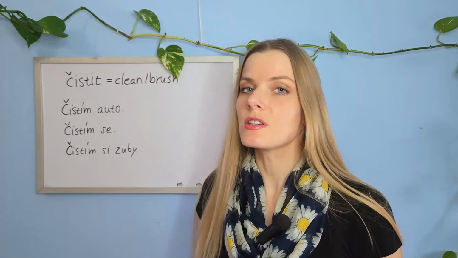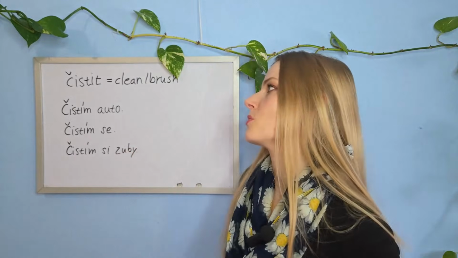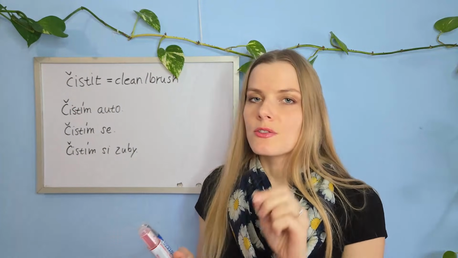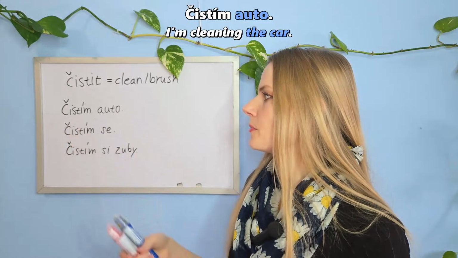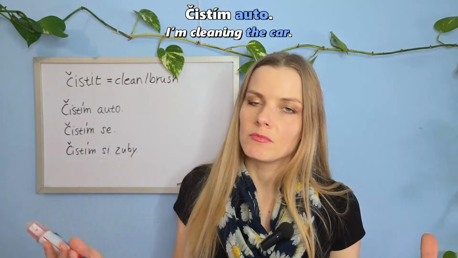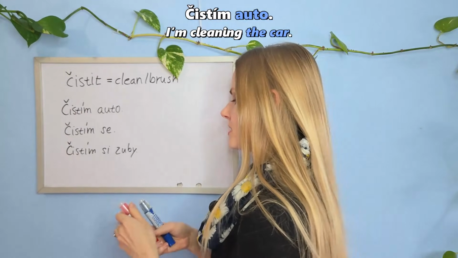I'm going to show you 6 more verbs that would act in the same way. So one of them is čistit. Čistit means to clean thoroughly or sometimes brush teeth. Čistím auto means I am cleaning the car, for example, vacuuming or spraying or doing all kinds of details. Čistím auto.